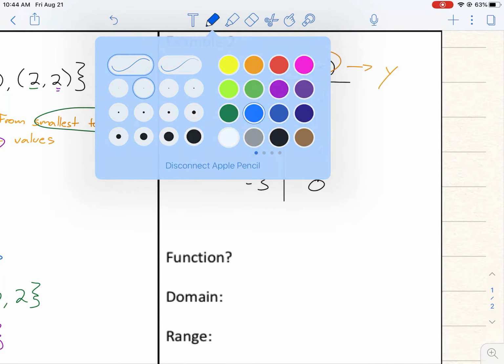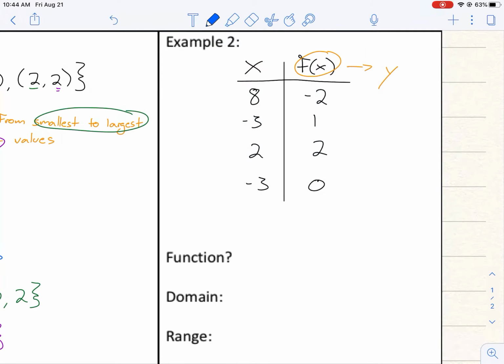Now for function or not, determining yes or no, notice here my x's, I've got this -3 and then -3. Because I've got the same x value repeated there, it's a no. It's not a function. The x value repeats itself. But even though it's not a function, I can still determine what my domain and what my range are. My domain are all of my x values here.